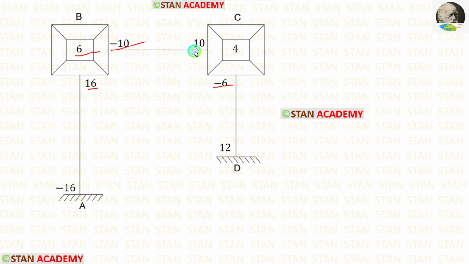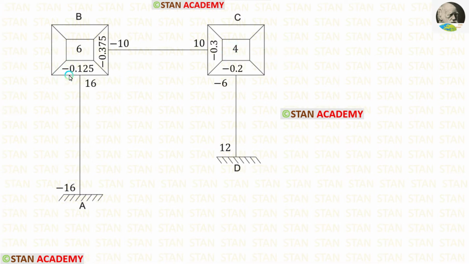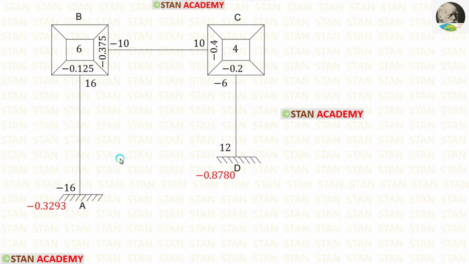When we add these two, we will get 4. Now let us enter the rotation factor values. The rotation factor for BA is minus 0.125, for BC is minus 0.375, for CB is minus 0.3, and for CD is minus 0.2. Now let us enter the displacement factors.